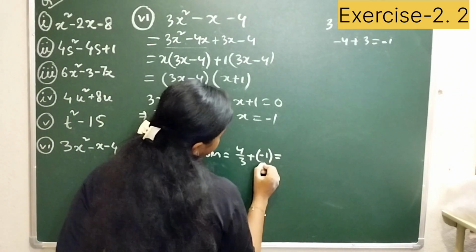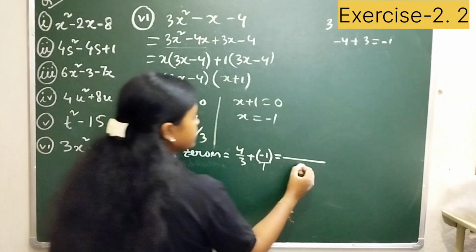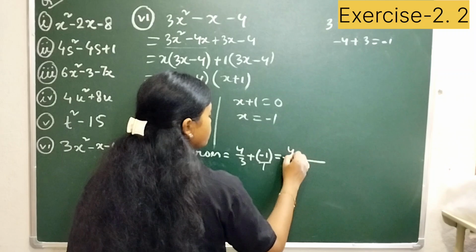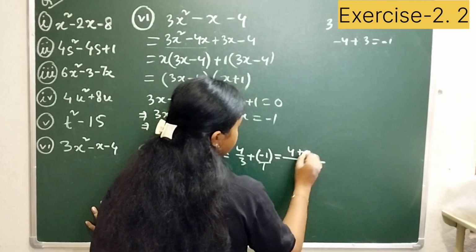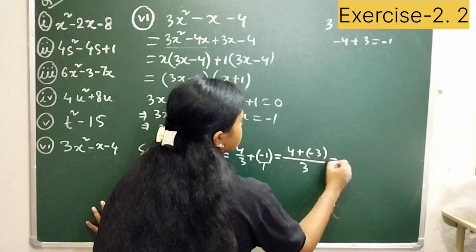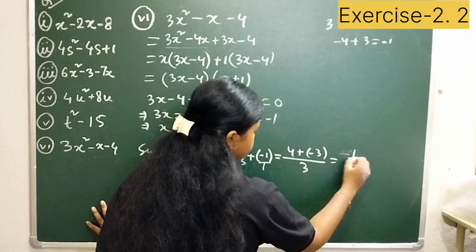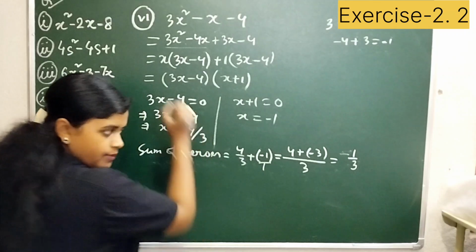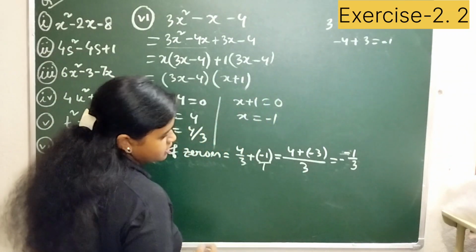Here nothing is there, that means 1 is there. The LCM of 3 and 1 is 3. So 4 minus 3 gives 1 by 3, and 1 by 3 we can write as minus of minus 1 by 3.